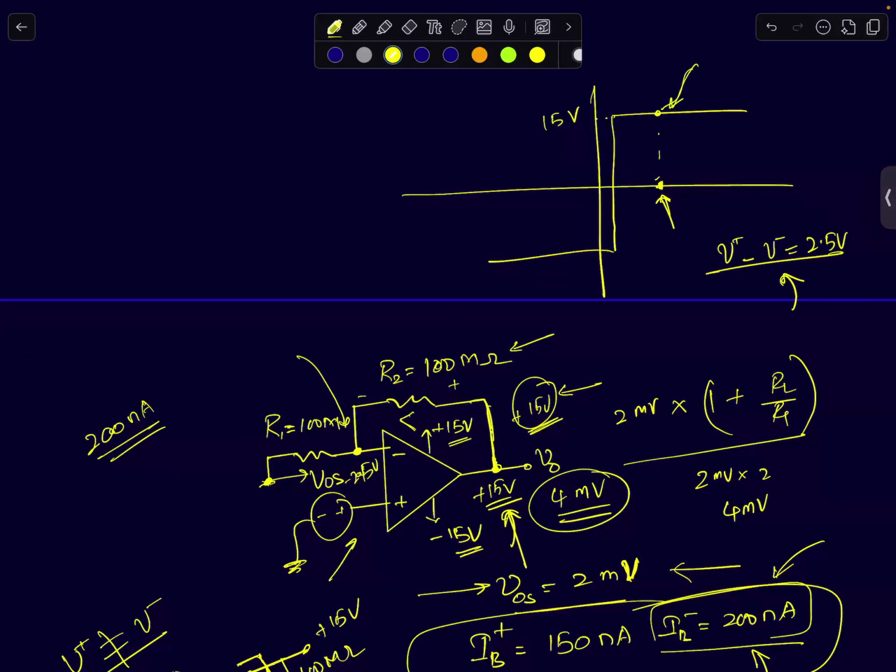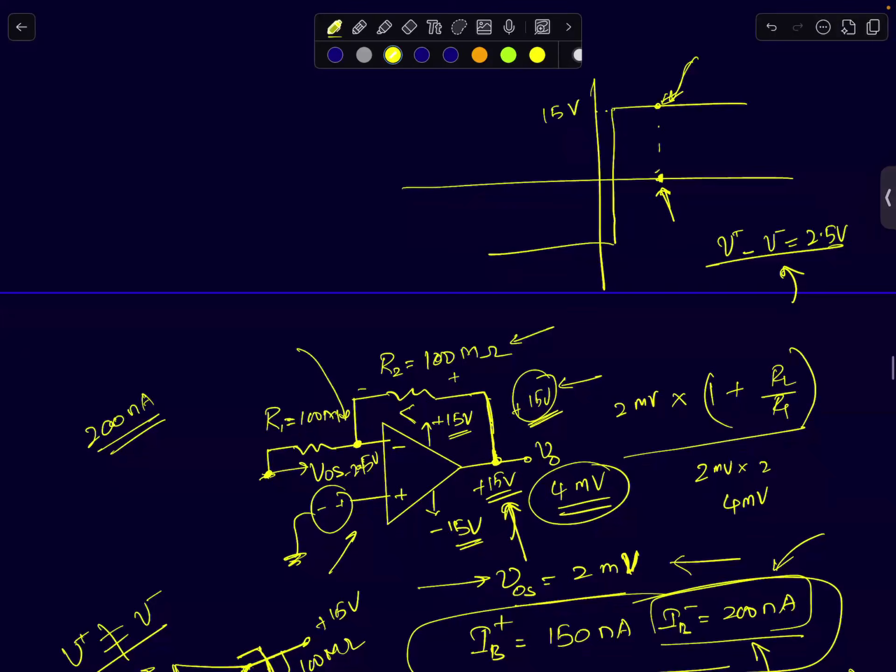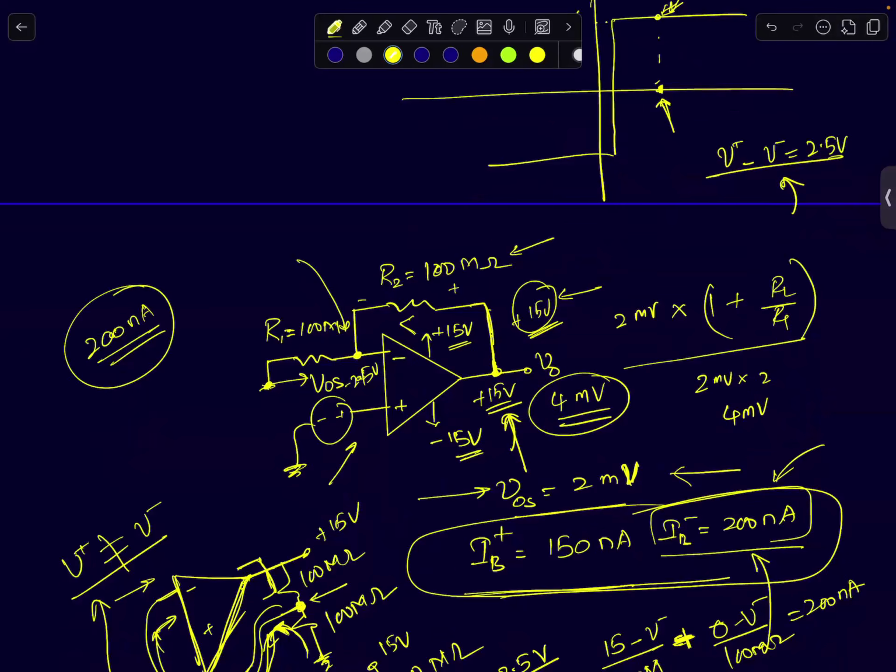Your op-amp's output would have already reached close to 15, but it won't supply 200 nano. You can calculate. 15 minus minus 2.5, which is 17.5, divided by 100 megaohms. That's the current it will supply. So it will supply 175 nanoamperes, and the remaining 25 nanoamperes will come from this resistance.